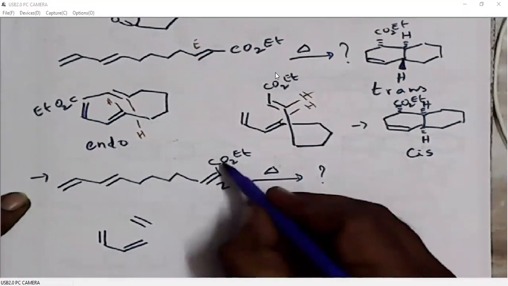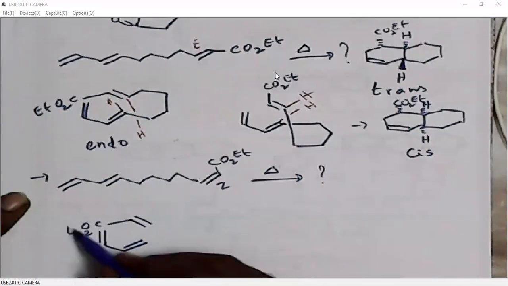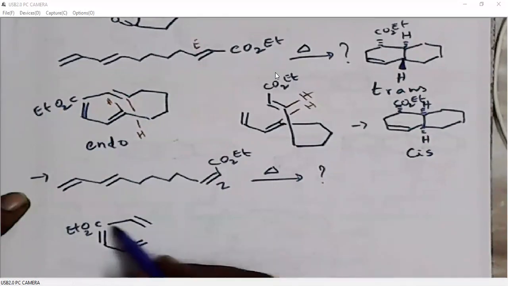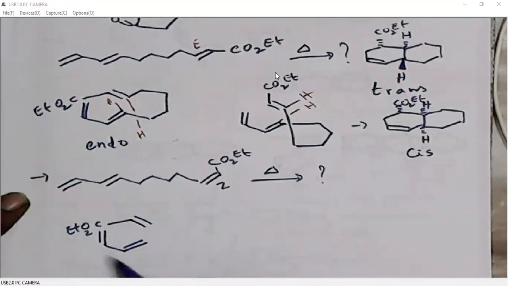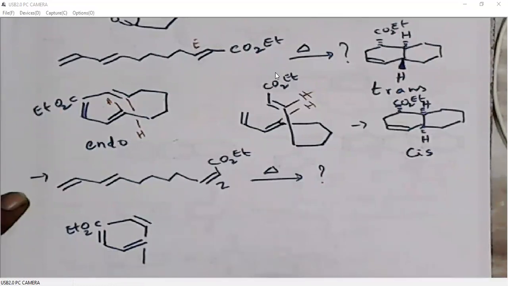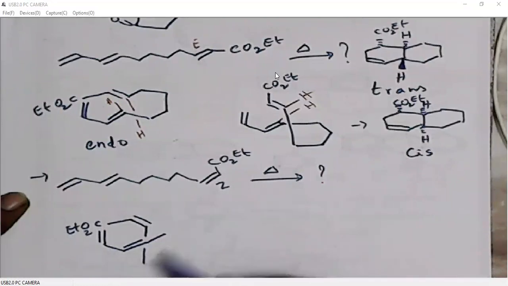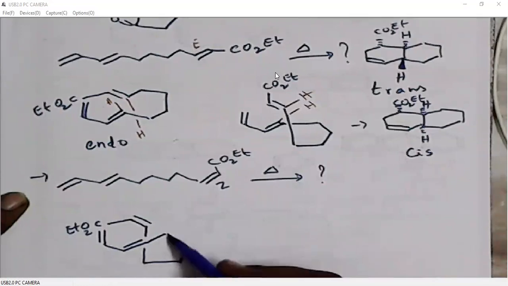And if we think that there is an endo product possibility, then we will write CO2 this side, nearer to the two carbons. Because it is a Z double bond, this alkyl group must also be like this. And we have four alkyl groups, so 1, 2, 3, 4.